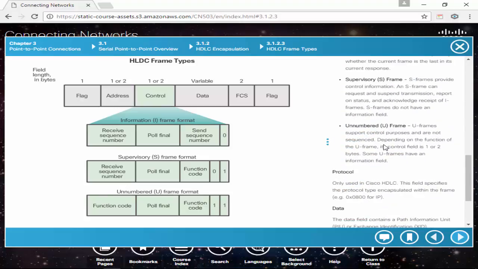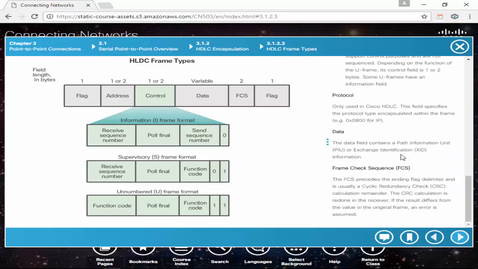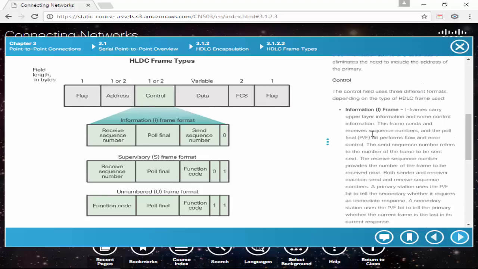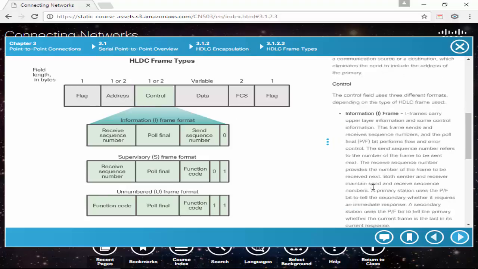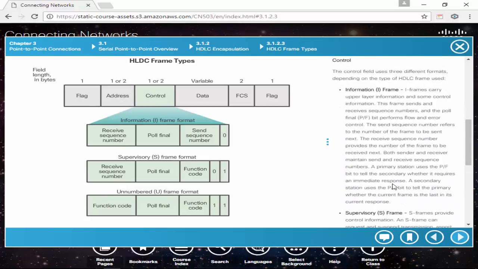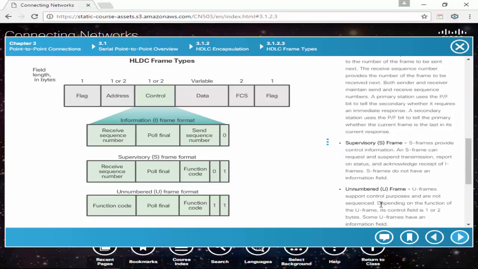If you want to read about all the stuff, it's similar to our Ethernet, except since these are point-to-point, there's usually just a destination address. Let's see if that's right.